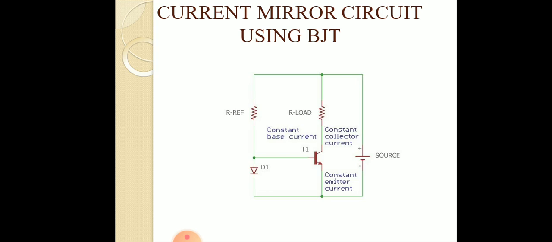The first trick to use a bipolar junction transistor as a current mirror circuit is to construct an exponential voltage to current converter using the transistor. This is done by providing voltage across the base emitter junction of the BJT, and the collector current is taken as an output.